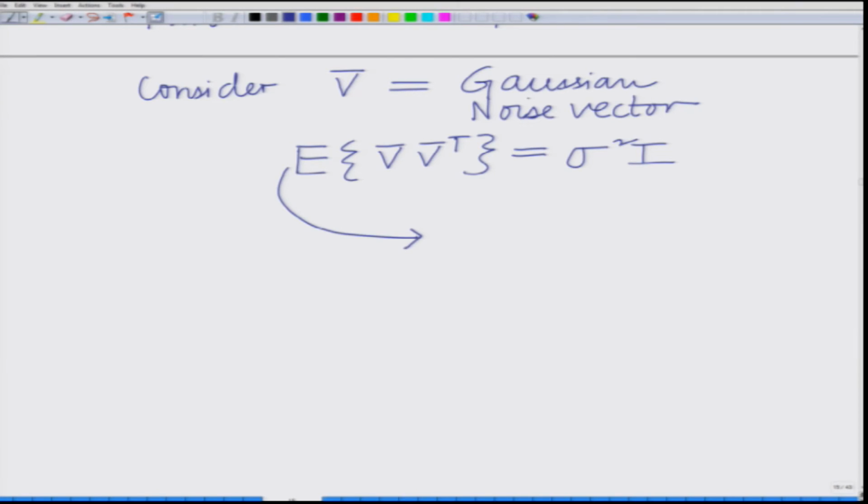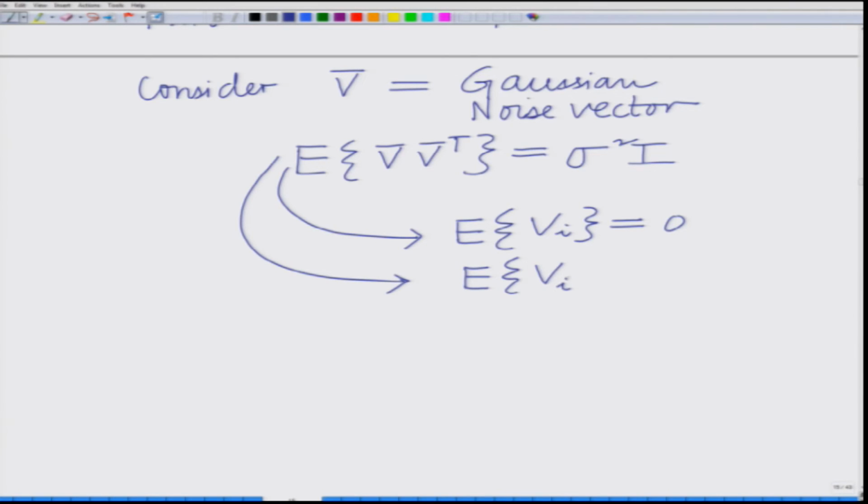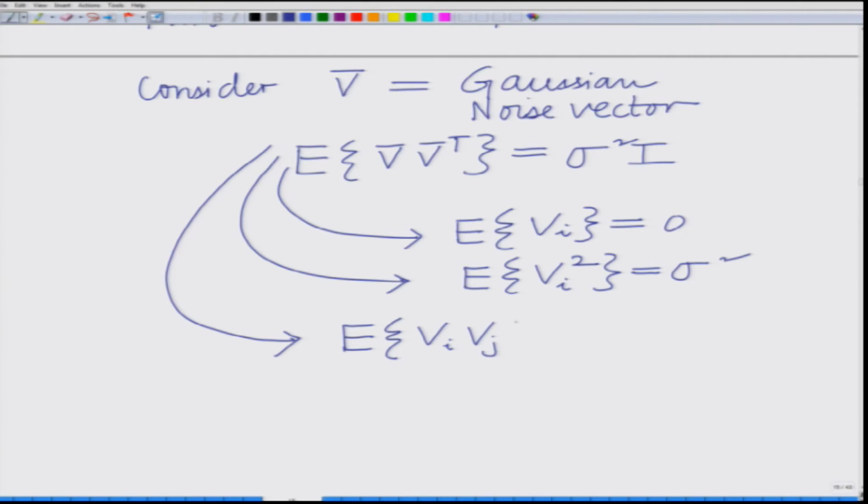This implies basically that, we are going to assume 0 mean noise. So, the expected value of each Vi is 0, and each noise has variance, the expected value of Vi square equals sigma square. Further, we are going to assume that the noise samples at two different antennas are uncorrelated. Since the noise is Gaussian, this implies also independence.